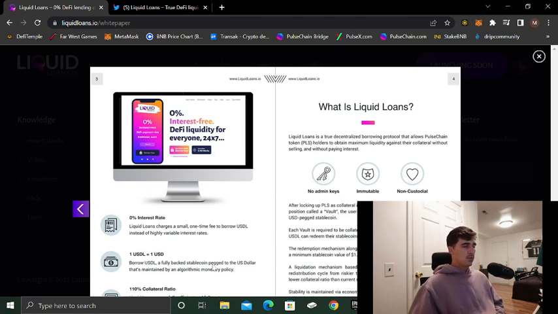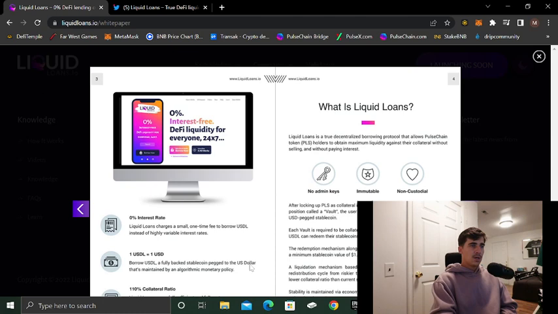Basically, you can take 95% technically of the amount. So say you have $110,000 in PLS, you can take $100,000 out, because that's a 110% collateral ratio of your stack actually being $110,000.